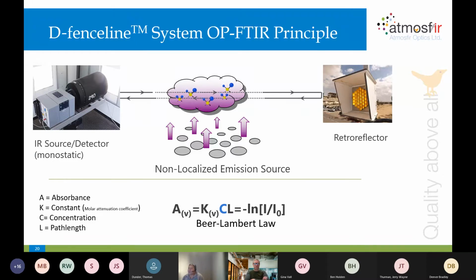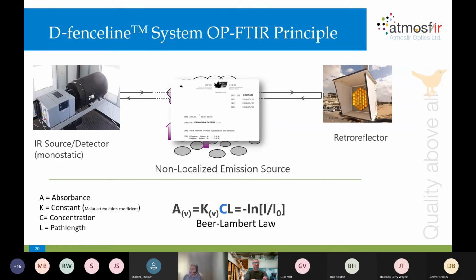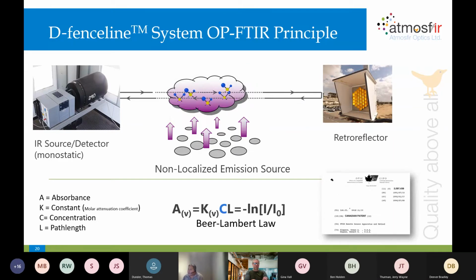So what we see is a monostatic configuration, and actually the monostatic configuration is Robert Kagan, our senior scientist, Canadian patent. Everybody use it, but he was the inventor. And what it means monostatic configuration? It means that the source of the light and the detector are in the same place.